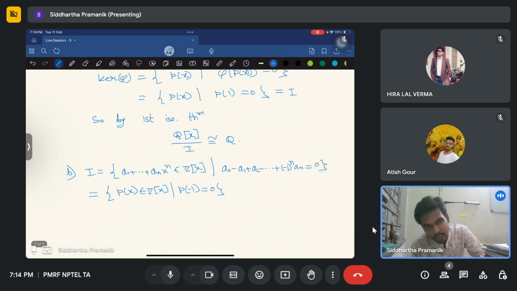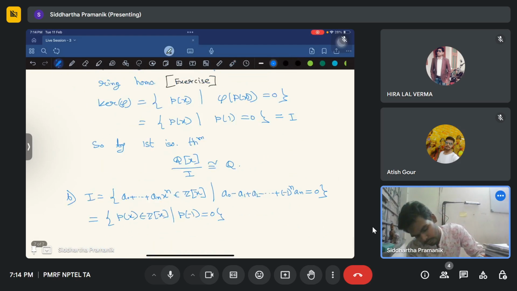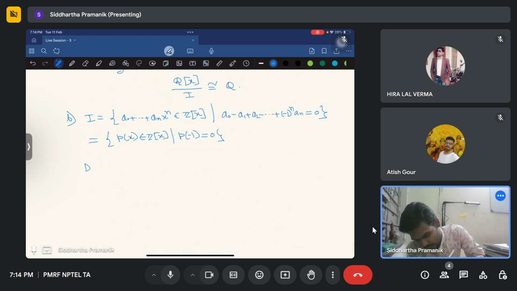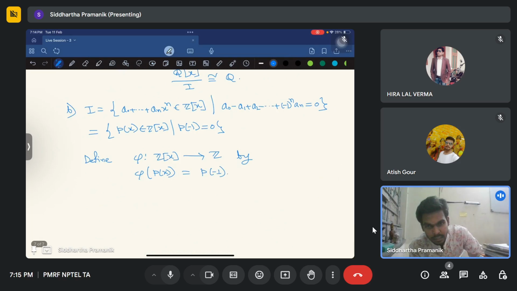So now you just use the same idea and define a ring homomorphism from Z[x] to Z by evaluating at minus 1. So define phi from Z[x] to Z by phi of p(x) is p of minus 1. Then similarly you can check that it is a surjective ring homomorphism.